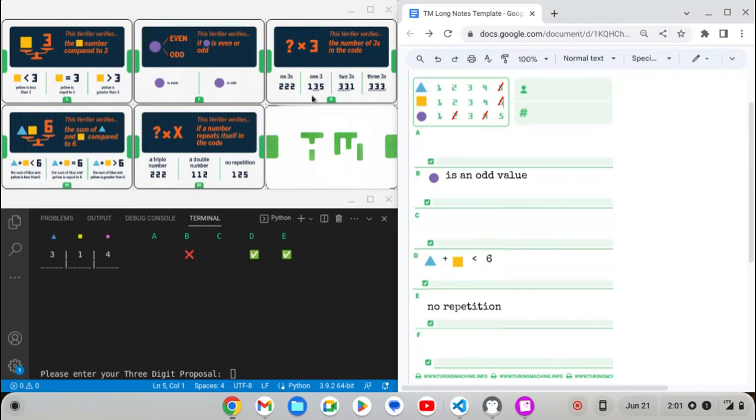And let's see what else. We didn't test what the value of square could be. So let's talk about that. Since we already crossed out the 5, if perchance square could be greater than 3, that would leave it to be a 4, and that would force triangle to be a 1.